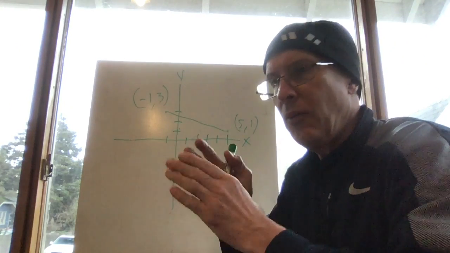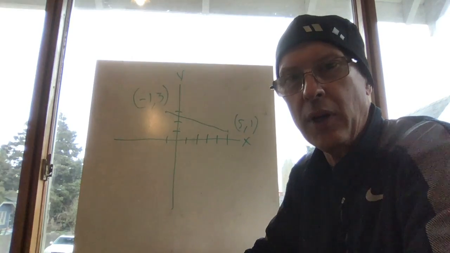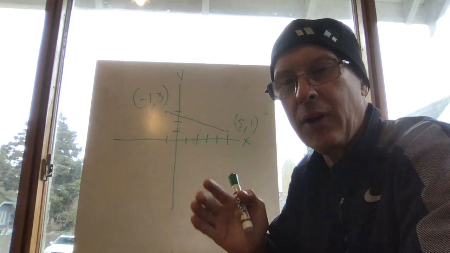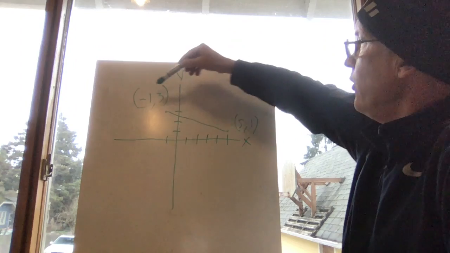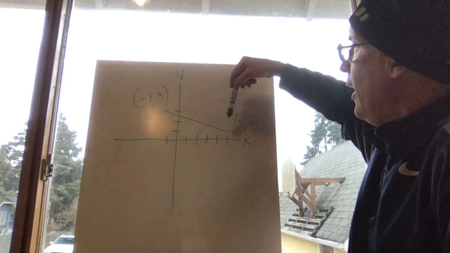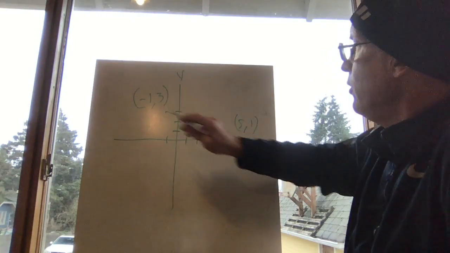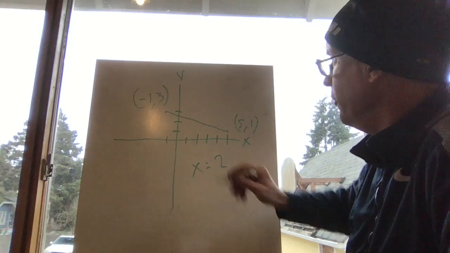Well, what you do with one dimension, you're just going to do that double for two dimensions. We're going to figure out the mean of the two x values, and the mean of the two y values. Here are the two x values, -1 and 5. Add them together, you get 4. 4 divided by 2, your x value is going to be 2.